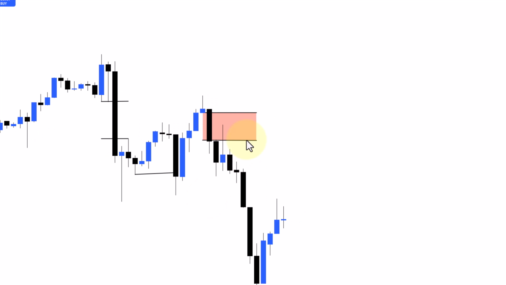Now, I want to be fair here, because I'm not trying to act like supply and demand is perfect. There are some downsides to it that fair value gaps actually beat. So for example, look here. The fair value gap got filled, but this supply zone did not. So after that first entry we just walked through, if you were hunting for an additional entry, you wouldn't have been able to grab one with supply and demand yet, but you would have been able to get in using the fair value gap.